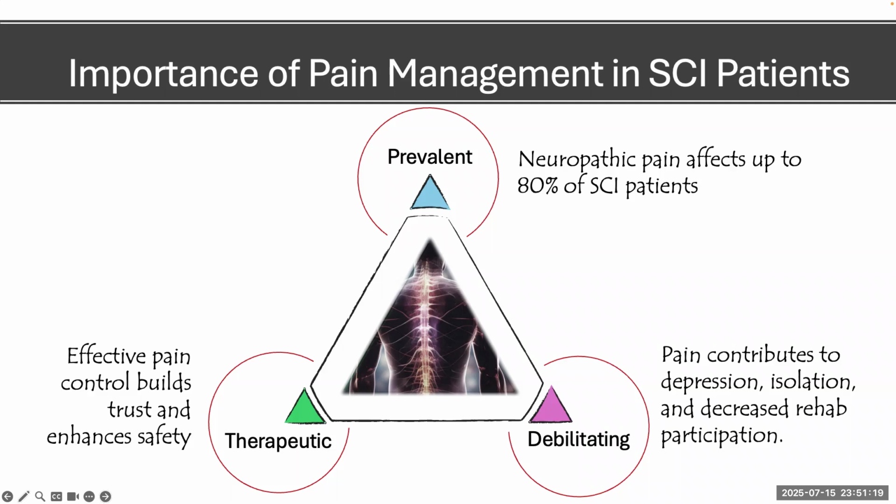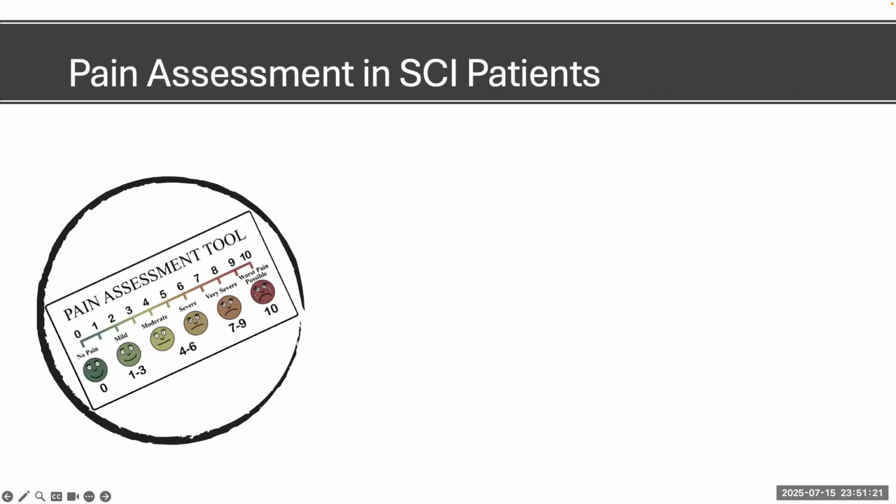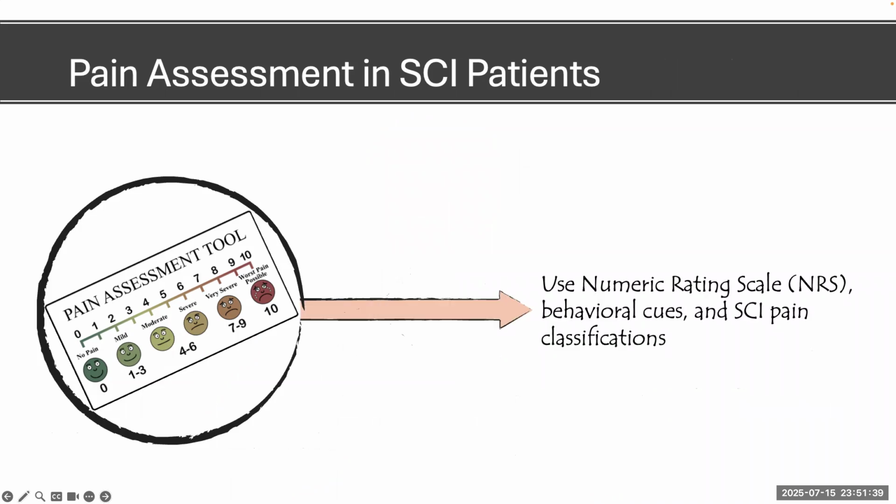Pain assessment is the foundation of effective management. Without accurate assessment, treatment is often delayed or ineffective. For SCI patients who may have impaired sensation or communication barriers, this becomes even more crucial. We should routinely use structured tools such as the numeric rating scale, NRS, observe behavioral cues like facial grimacing or resistance to care, and incorporate SCI-specific classification systems that categorize pain based on its origin.